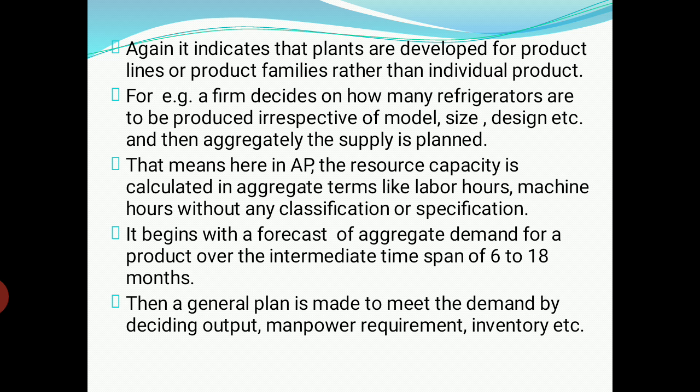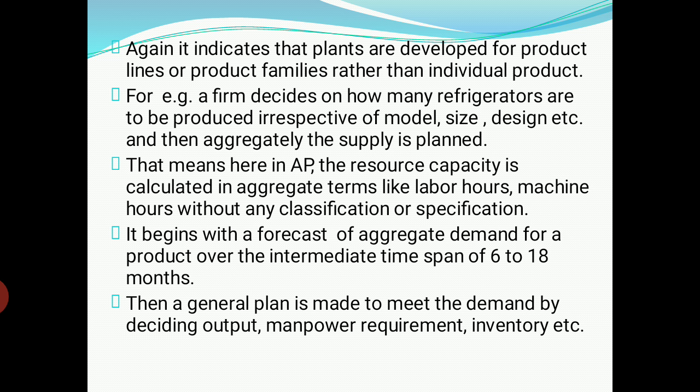That means in wholesome, whatever number of refrigerators we have to produce, that aggregate demand is taken up, and to meet that demand, whatever the requirements are, is that capacity available with the unit or not, that is calculated. And this is what is known as aggregate planning, and it is done without any classification and specification.